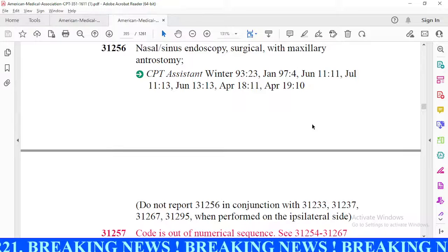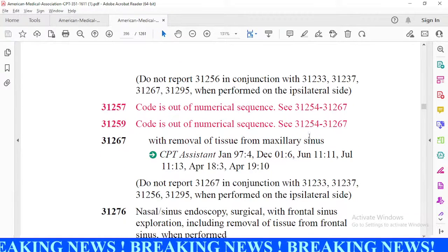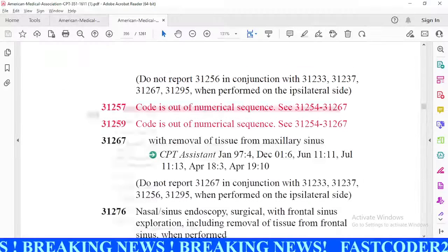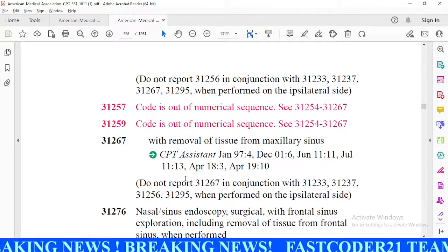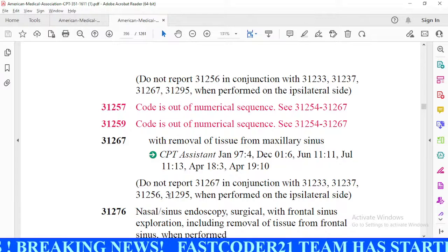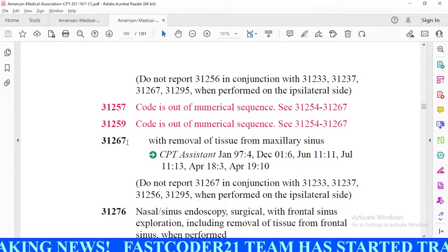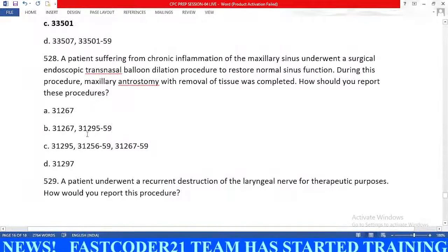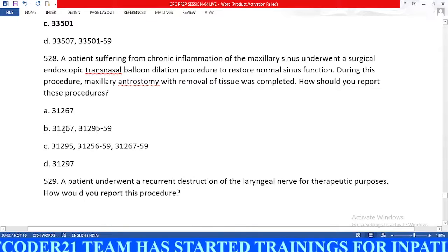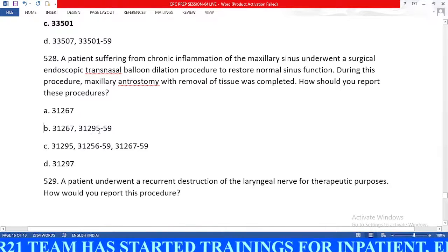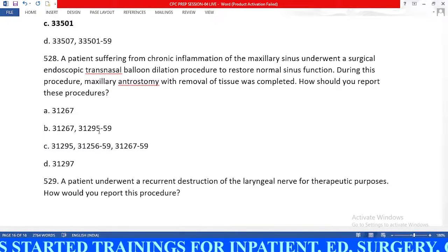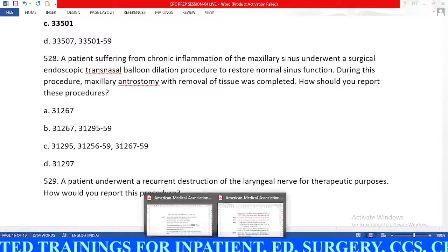Along with maxillary antrostomy, the physician has removed tissue also. So 31267 is correct. But based on the CPT book instruction, we can't code 31295 along with 31267. So we directly eliminate answer B, as we can't code 31295 along with 31267. 31295 is the dilation of the nose, so we can't code dilation along with the antrostomy as per the CPT guideline.